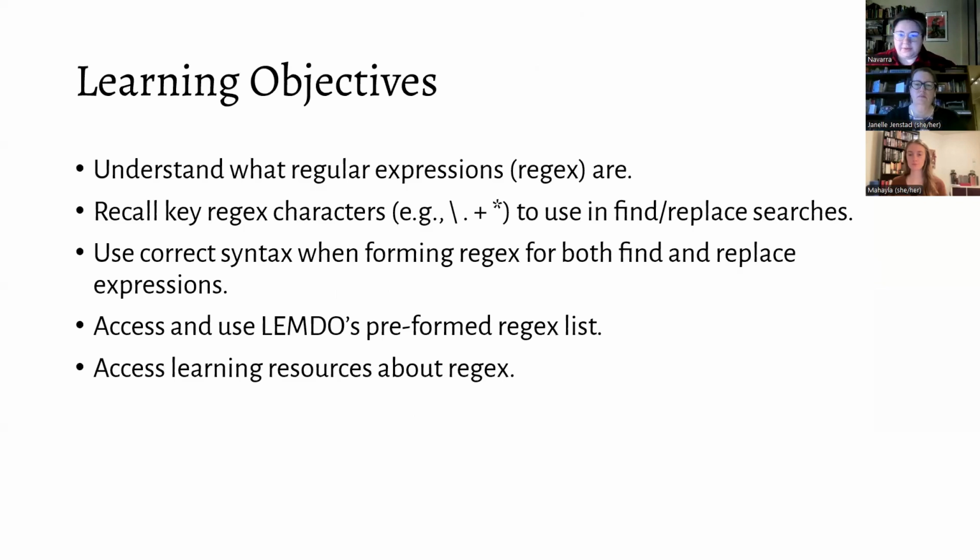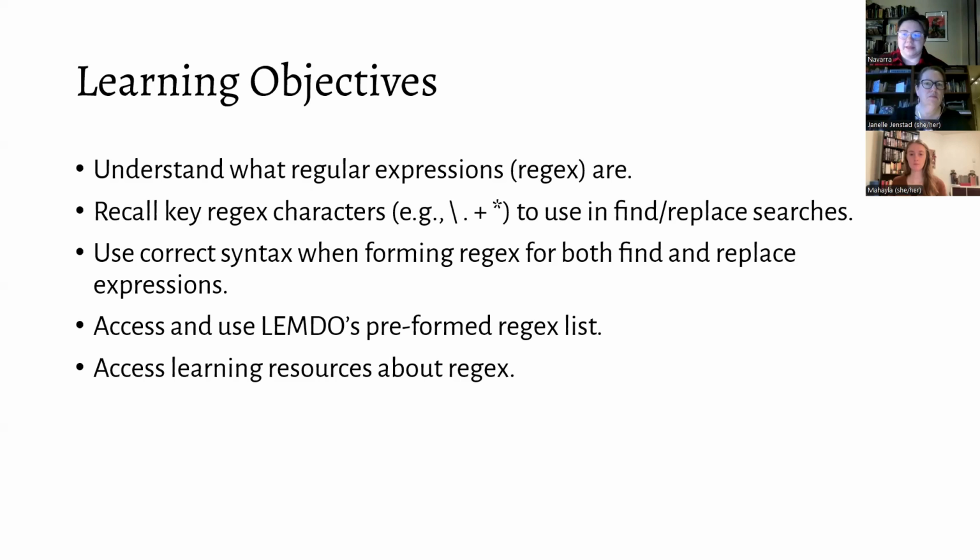These are our learning objectives for today. I feel like this condenses it all quite nicely into 5 small bullet points. By the end of today, you should have a basic understanding of what regex is. You should also be familiar with and able to recall some key characters that we use in regex find and replaces, such as the period, the question mark, the $ sign.